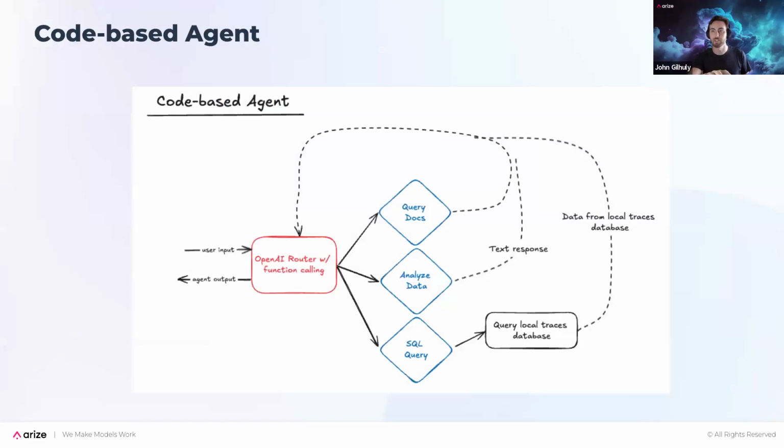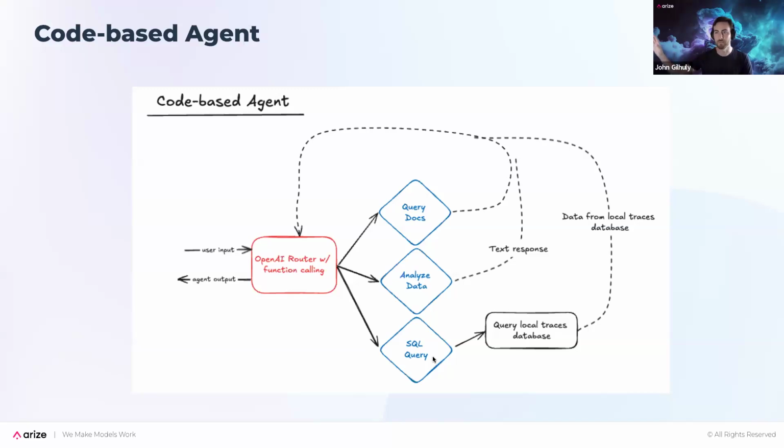It's helpful to look at the architecture diagram here to get a sense of what this agent will do. Essentially, it will have a few different skills. It'll be able to query documentation, so Phoenix documentation. It'll be able to analyze some data, so pull trends out of a data set that's applied to it or pull insights out of that. And then it will also be able to query a database of traces that I have connected.